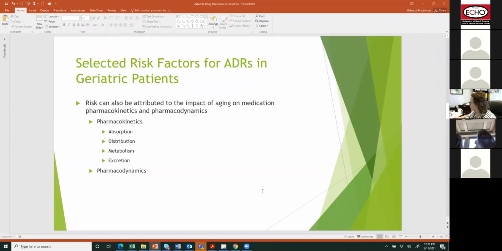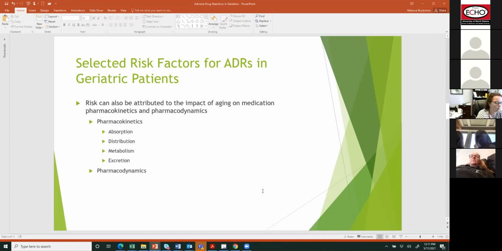When it comes to absorption, there's not a lot that changes with absorption, I don't think, when it comes to geriatric medication use. Some things, though, that you may want to consider are natural changes to the GI tract and thinking about how those medications are absorbed from the GI tract.